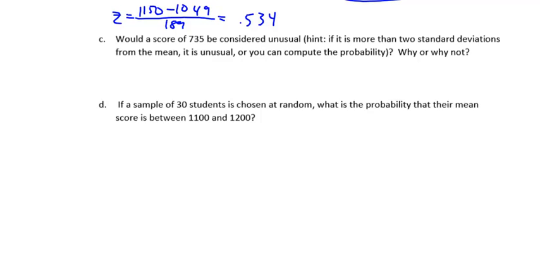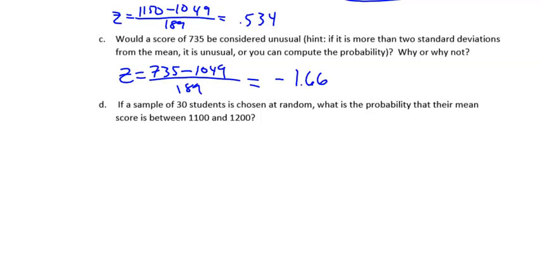They correspond with small probabilities, like a 2% chance or something like that. But for us, we've kind of generalized the z-score method, so I'm just going to calculate the z-score. The z-score is 735 minus 1049 over 189. It should be negative since it's under the mean. 735 minus 1049 divided by 189 is negative 1.66.